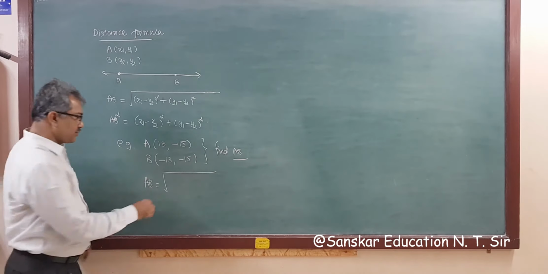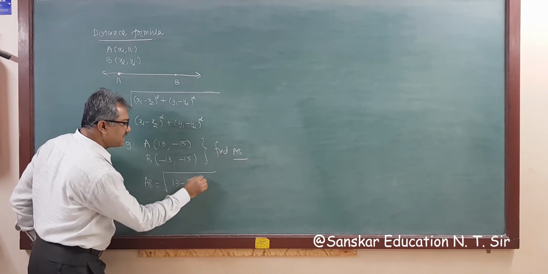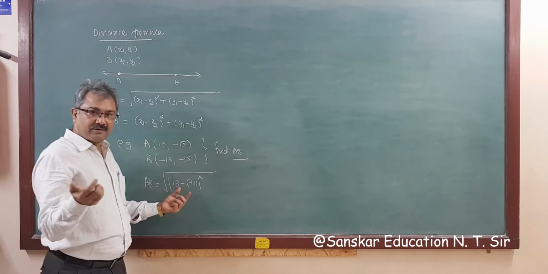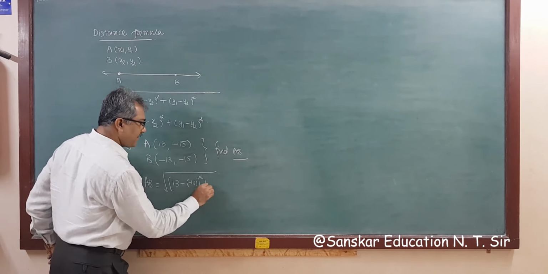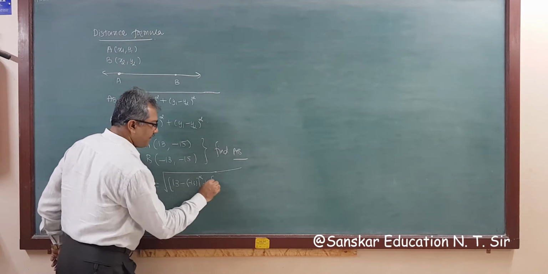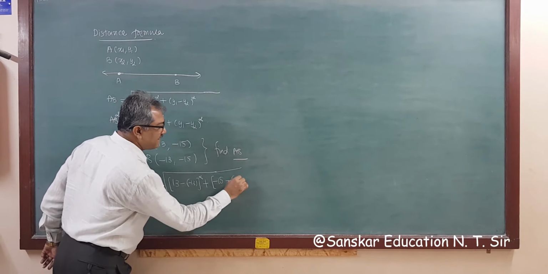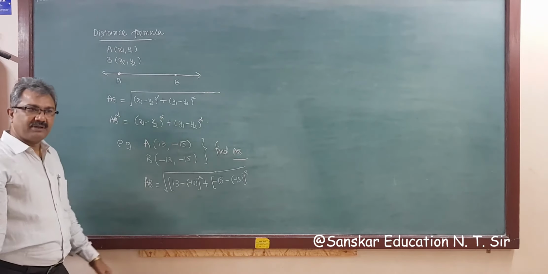whole square, so what will it be? (13 minus minus 13) whole square. You have to use proper brackets while you are simplifying, right? Plus (minus 15 minus minus 15) whole square. This is your formula.